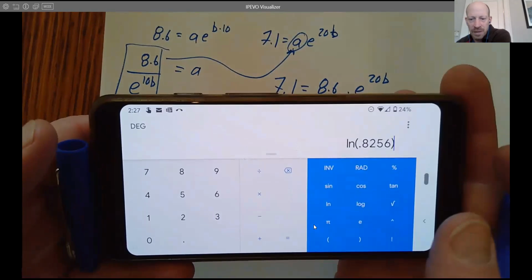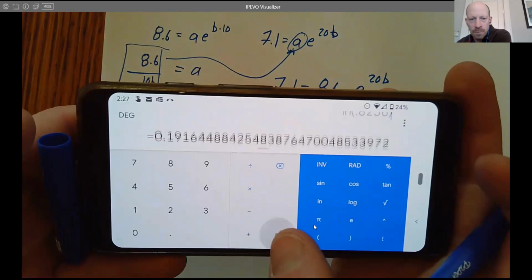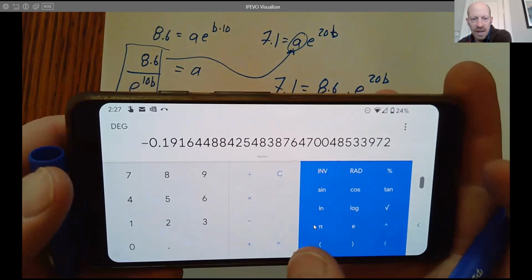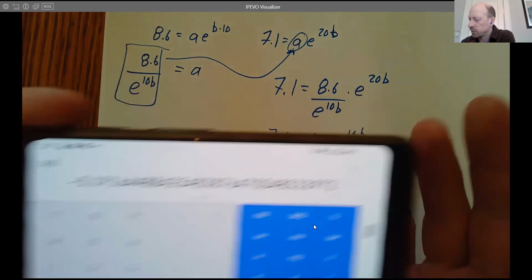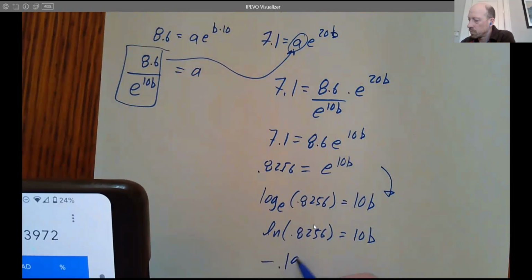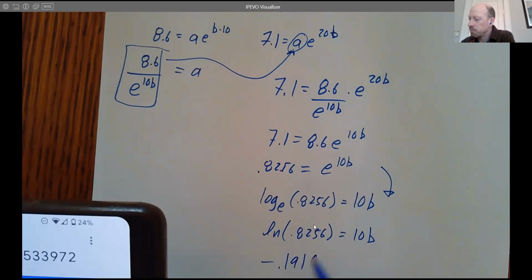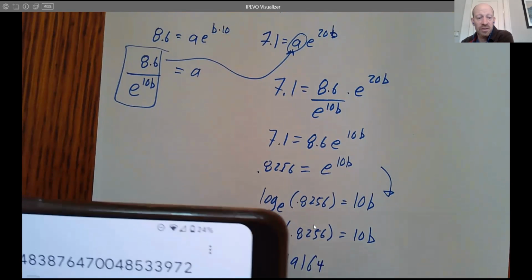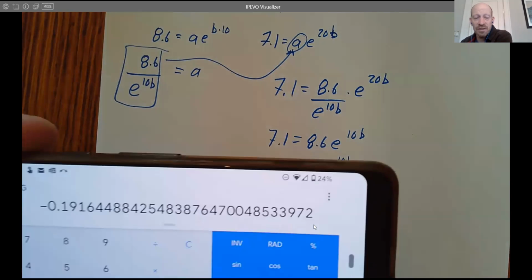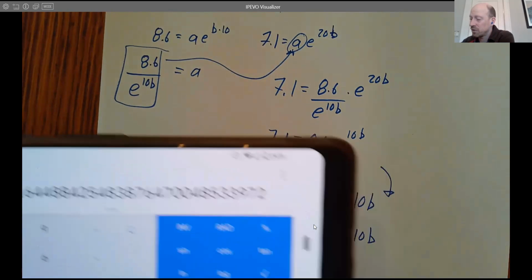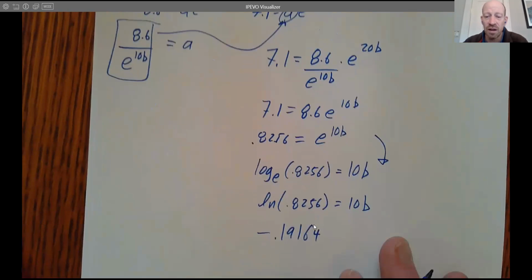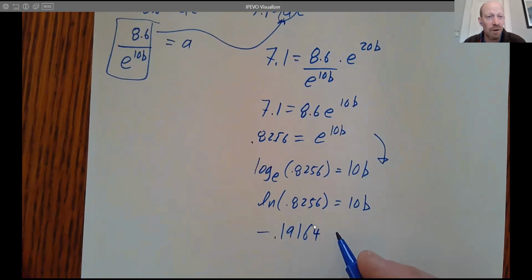Just put it into my calculator there. Equals this, negative 0.1916. I'll add an extra decimal place there. It's a good policy to carry, I mean, obviously that decimal goes on forever, but it's a good policy to carry a lot of digits through and round at the very end.